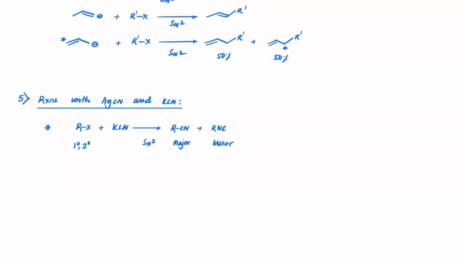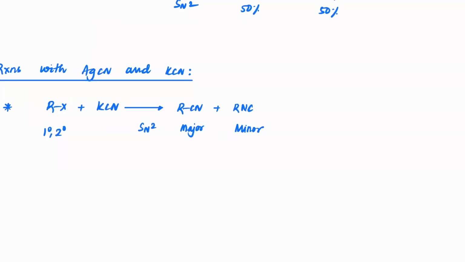The major one is called alkyl nitrile, and this is alkyl isonitrile. Got it? And lastly, if you have 3 degree alkyl halide, it will favor E2 mechanism.